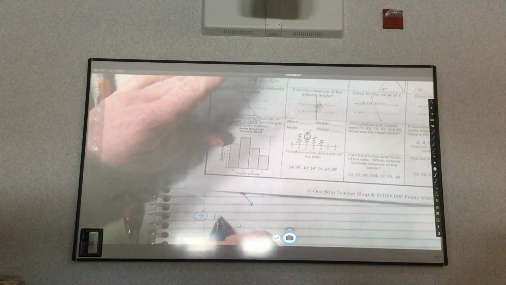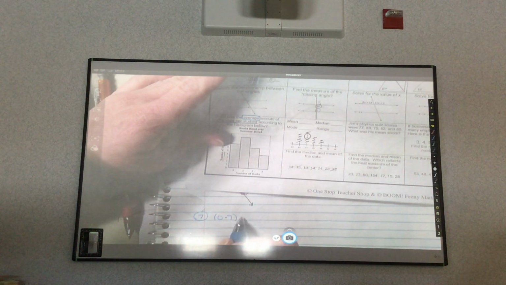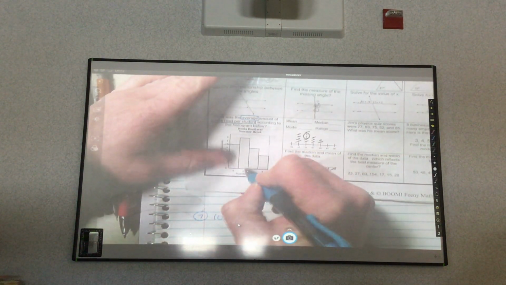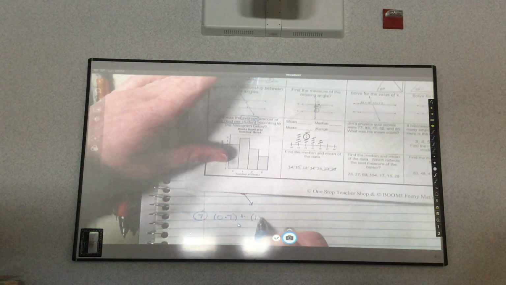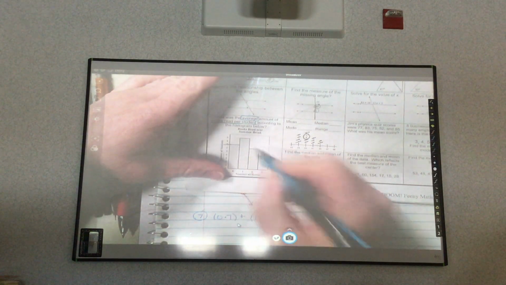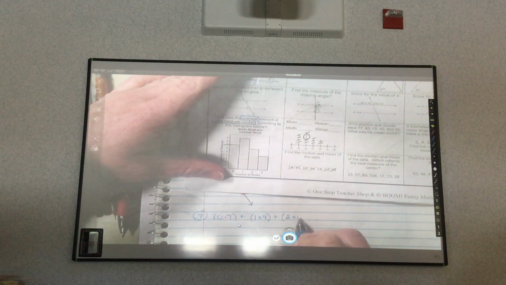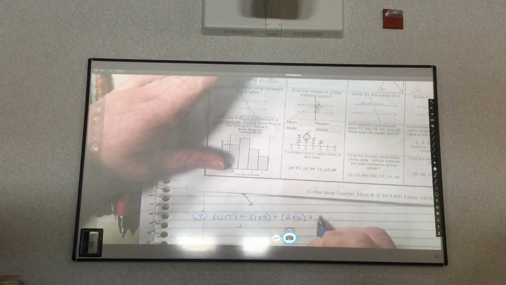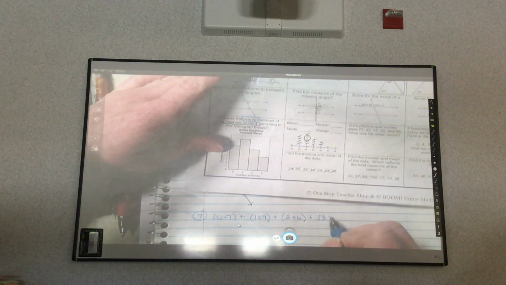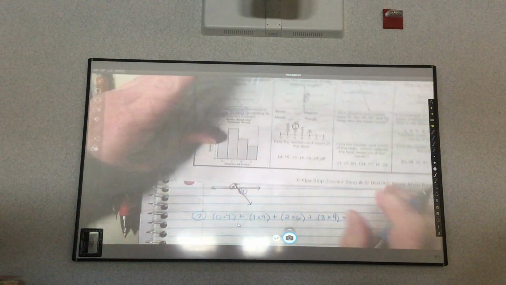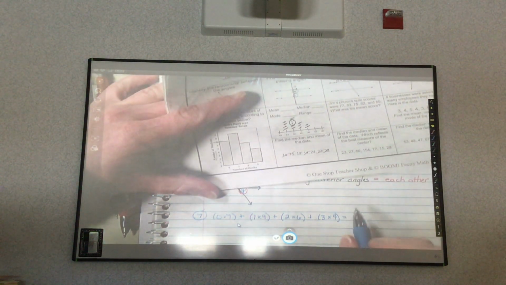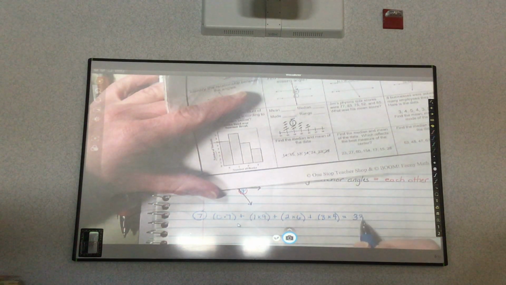So I've got 0 times 7 plus 1 book times 9 people, so 1 times 9 plus 2 books times 6 people plus 3 books times 4 people. When I add all of that up, that would be 33 books.